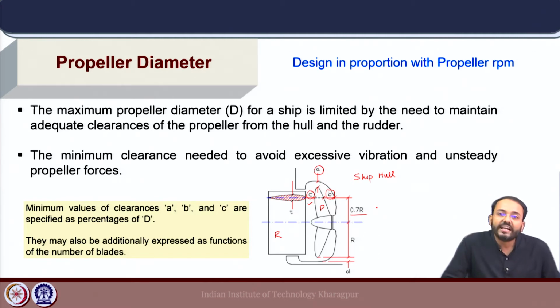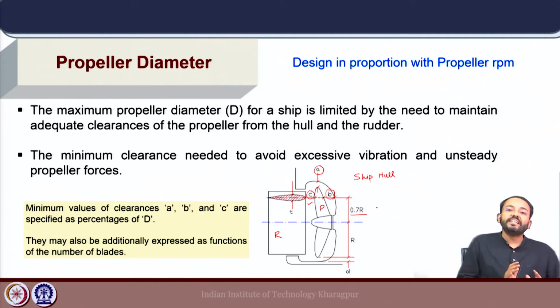The reason for relating the clearances to the number of blades is because the blade count of the propeller influences the propeller excited frequency, and that should be taken care of while avoiding the excessive vibration for the hull propeller system.